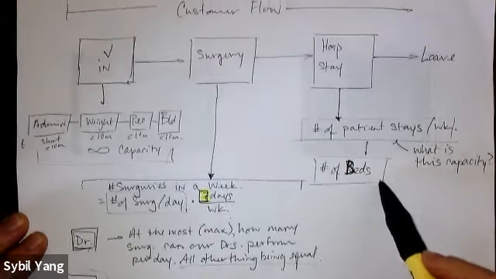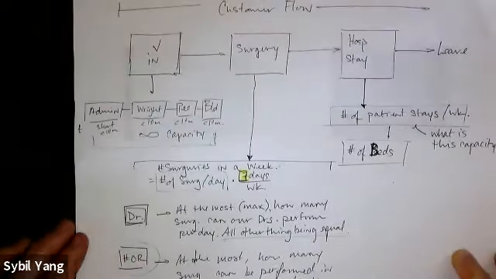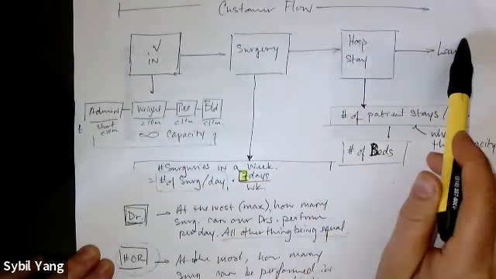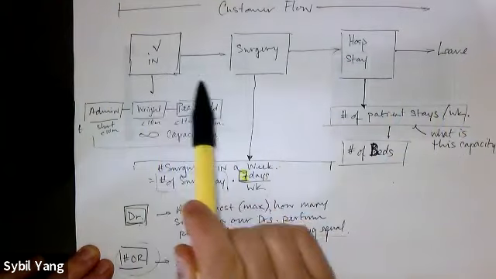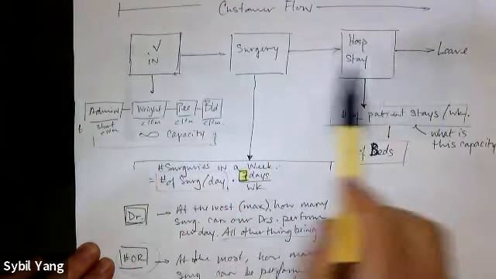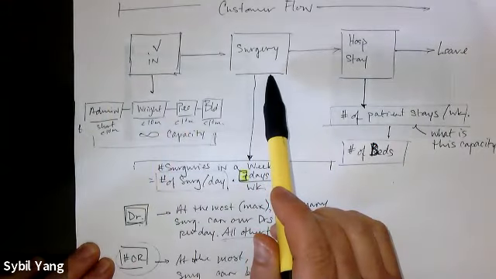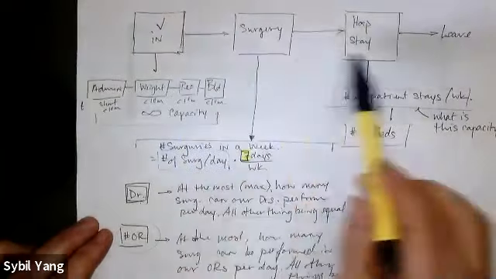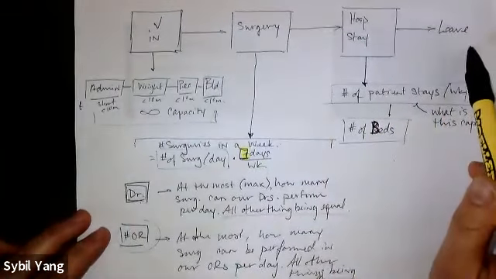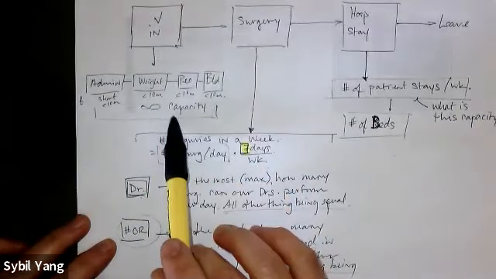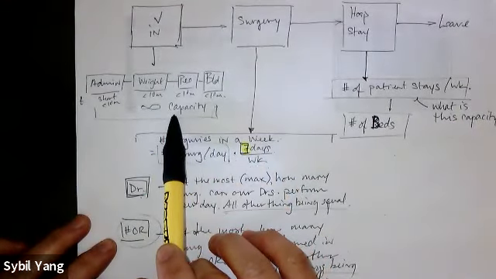So there are a couple of things for us to calculate here. In order to find out what the maximum amount of customer flow is, we have to find out what is the constraint within these steps, right? What step is constraining the flow of patients from check-in to leaving? The check-in process is very fast, so we're going to assume that we have infinite capacity there.